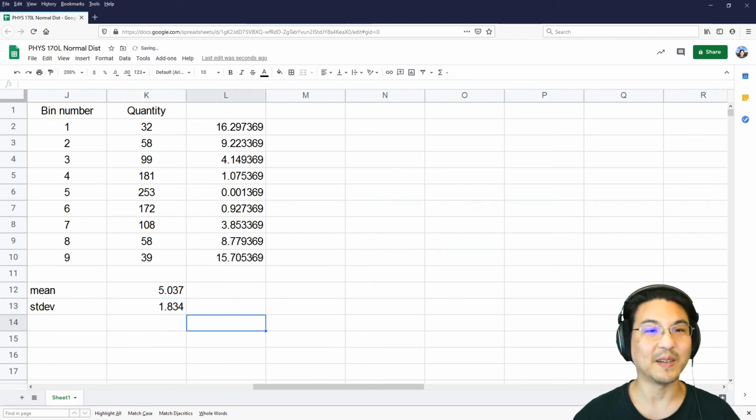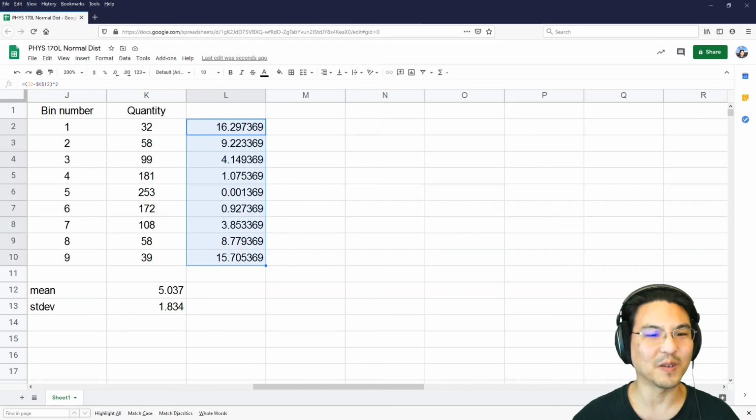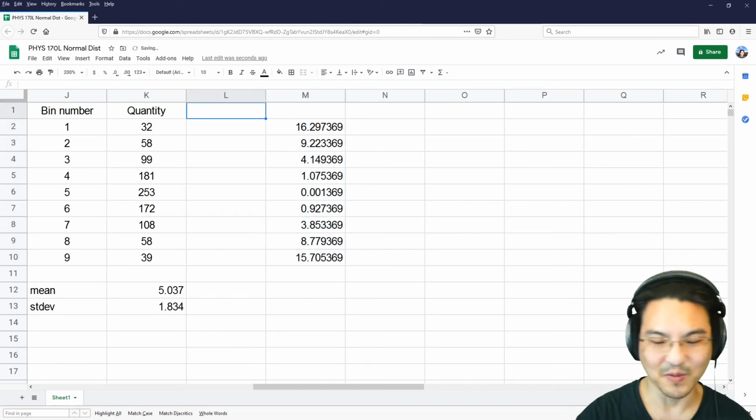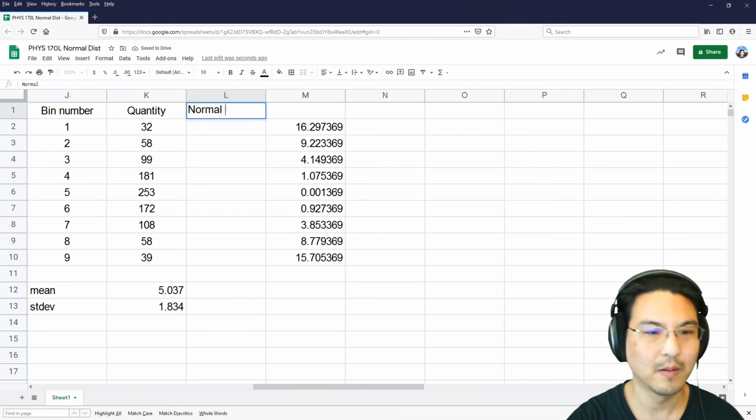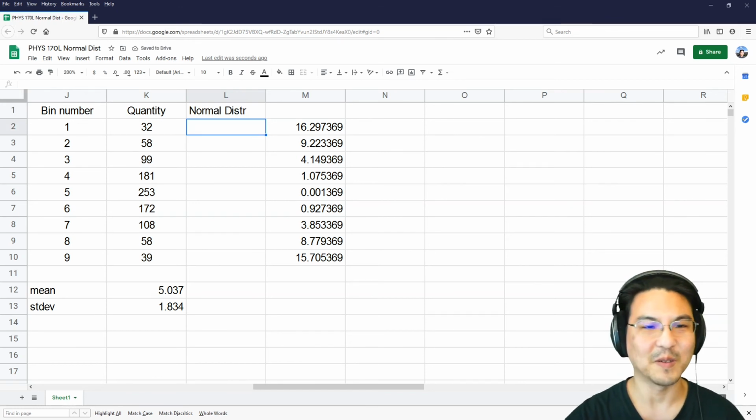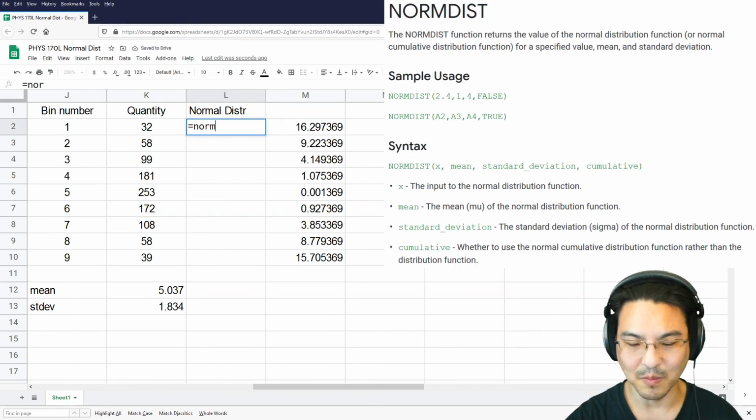All right, now let's find the normal distribution. So we'll use that normal distribution function. I'm going to move this over just so that I can put the normal distribution over here next to it. Okay, and then that function was norm, like this one.